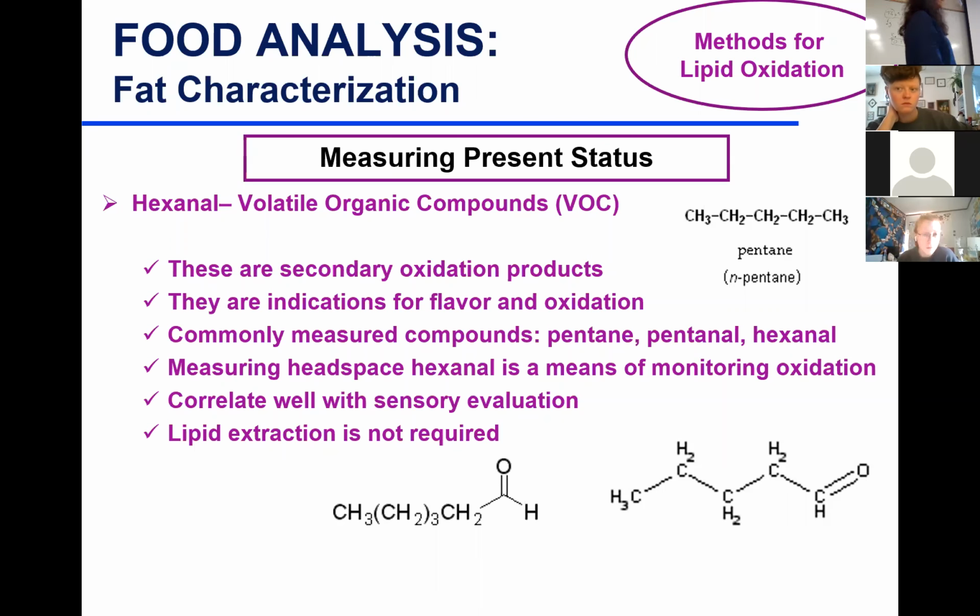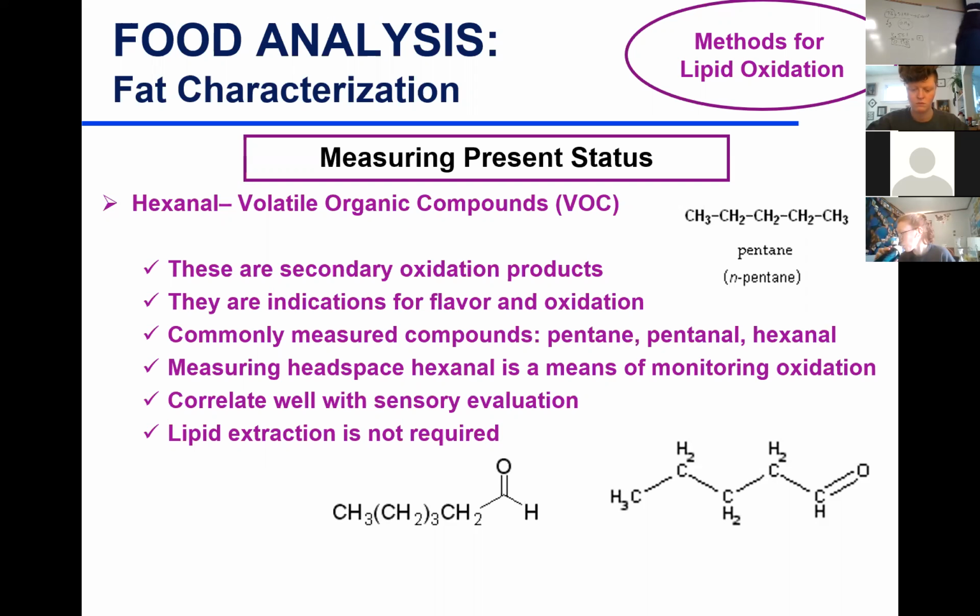Hexanal is easy to measure because it's volatile. So we have our sample, we put it in a sample compartment for a certain period of time, and the headspace is where hexanal will be. The headspace means the space above the sample in the sample compartment. So we just insert our syringe in the headspace and take out a certain volume of whatever is above the sample.